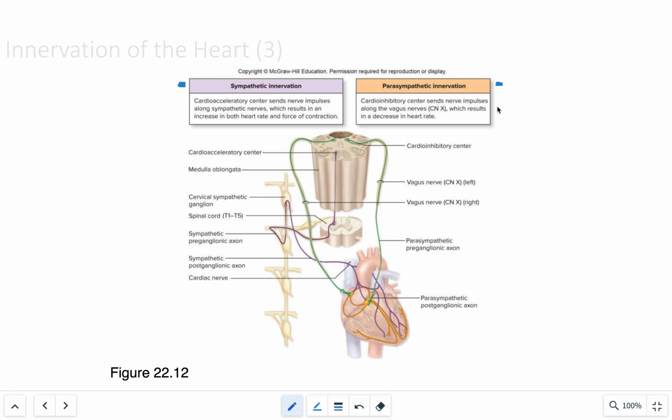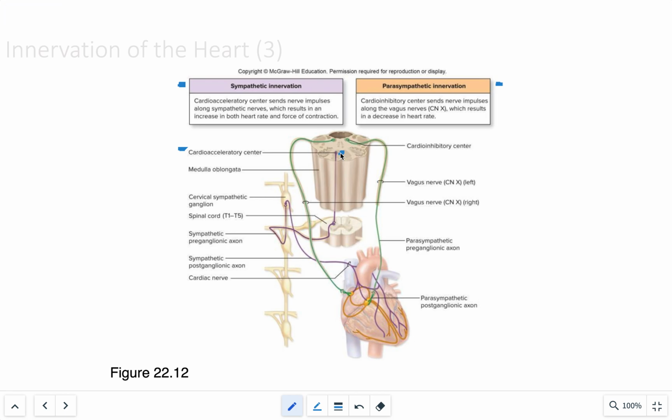This has the ability to speed up or slow down the heartbeat. The first one that we're going to be looking at is the sympathetic. It's the cardioacceleratory center, which is located usually in T1 through T5.